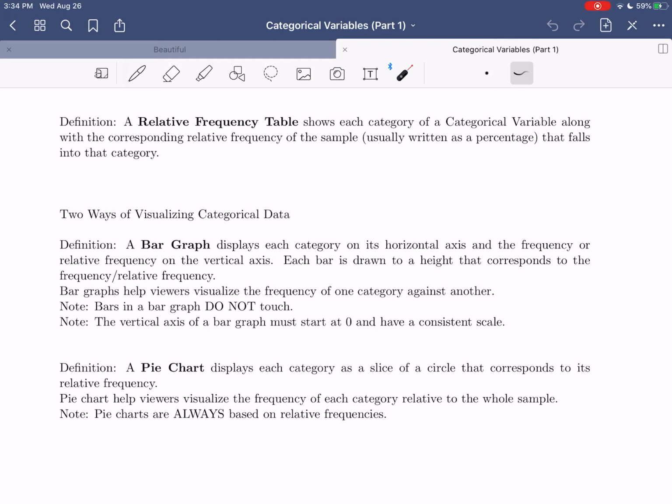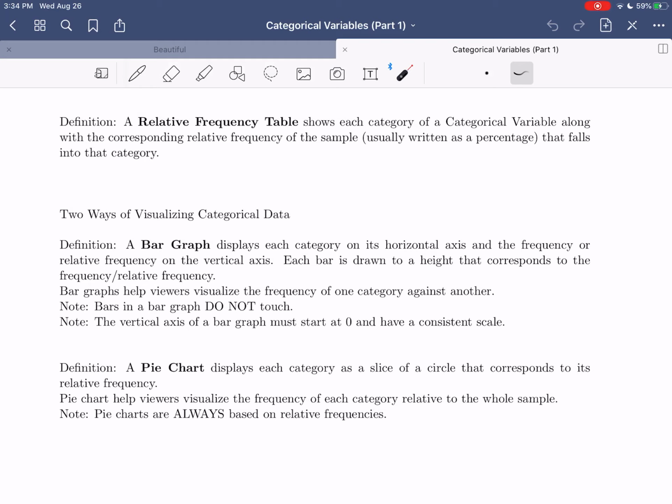The second main way that we're going to learn to visualize categorical data is probably one of the more famous ones, a pie chart. A pie chart displays each category as a slice of a circle that corresponds to its relative frequency. Pie charts are there to help viewers visualize the frequency of each category relative to the whole sample.